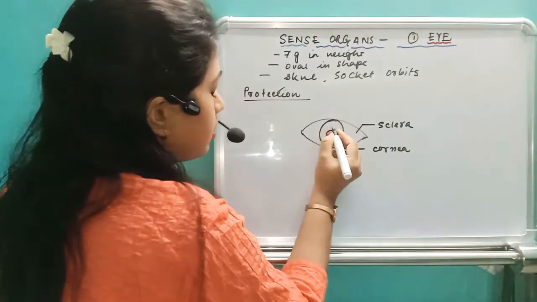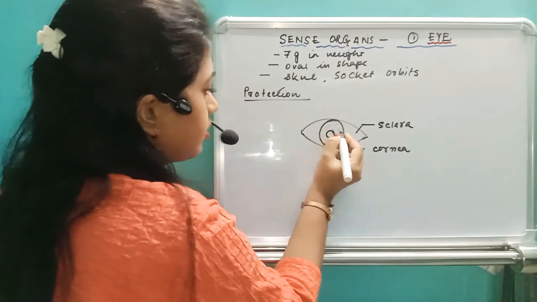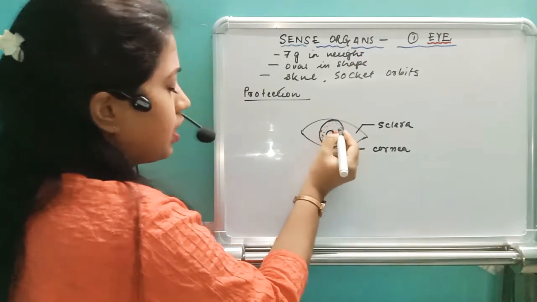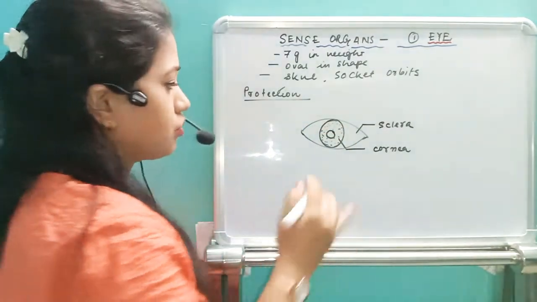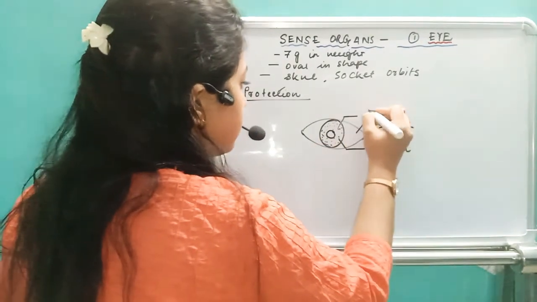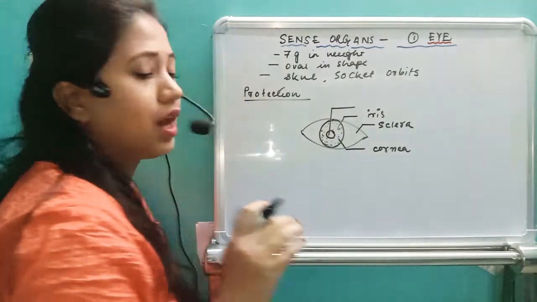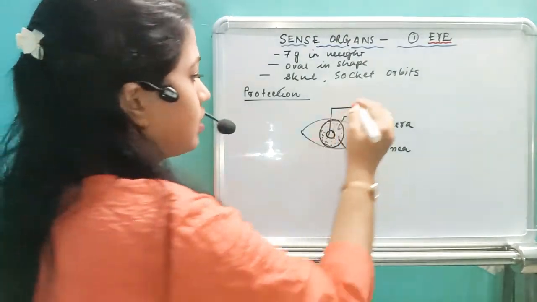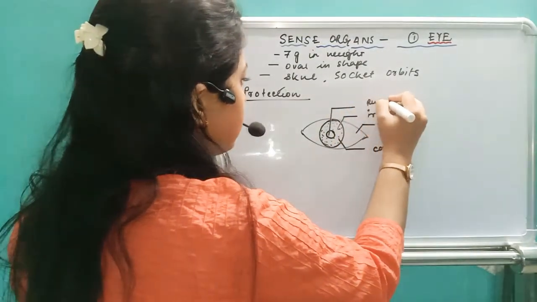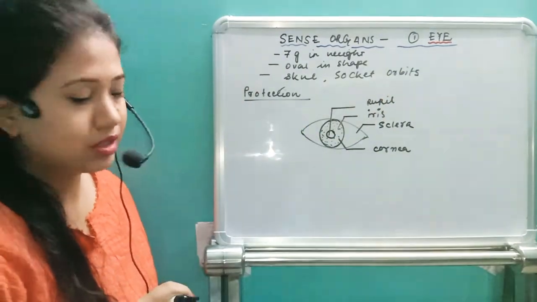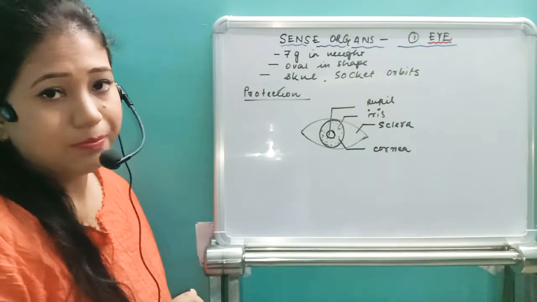Then here this color is because of a very important part actually. This is the iris, and inside the iris we have centrally a hole that is called the pupil. So this is just the structure. Above the iris we have a transparent layer that is called cornea, right?